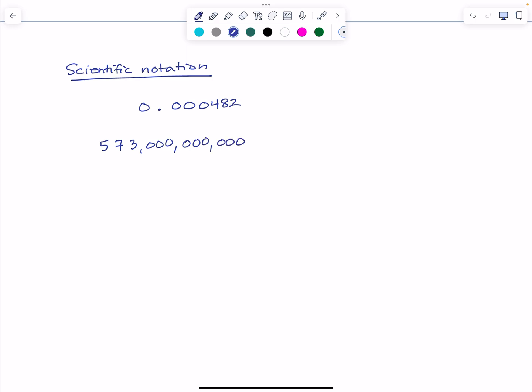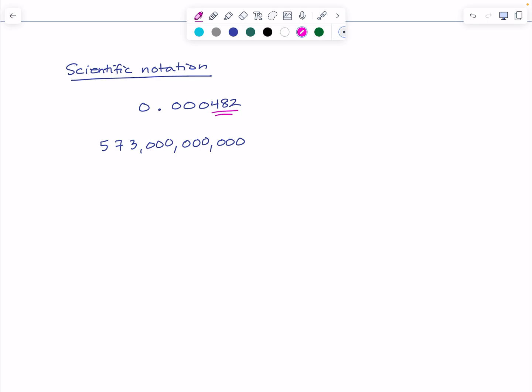All right? And so when we use scientific notation, what we're going to do is take the number part of the number that's either all the way on the right if it is a small number, or all the way on the left if it is a big number. Okay, so we've got our small number, and we're going to express that as a decimal number.